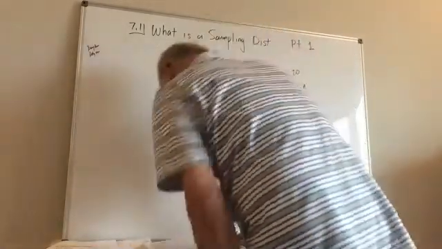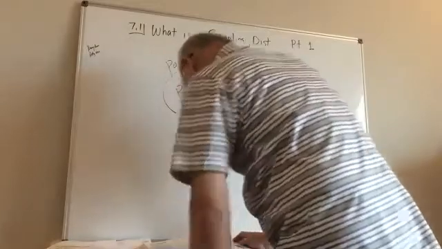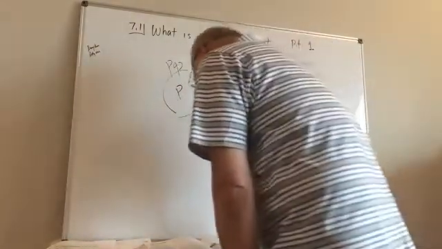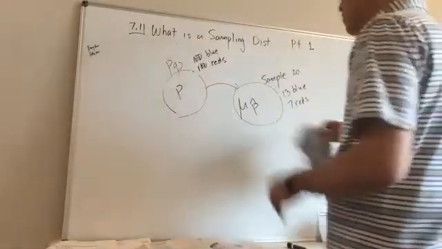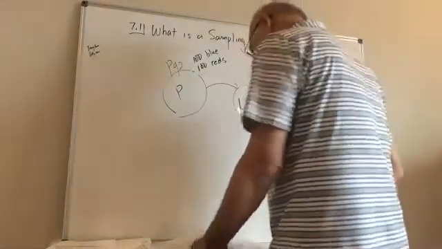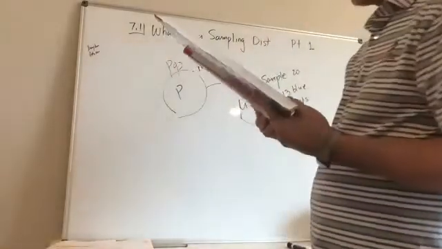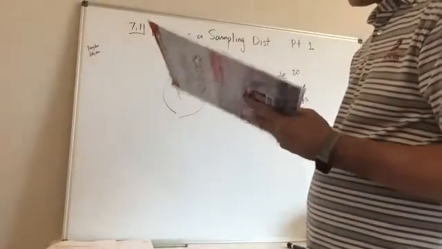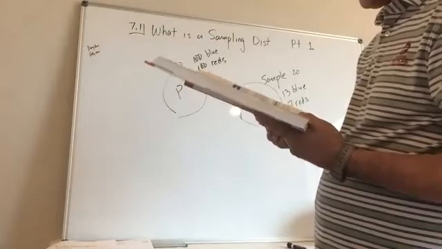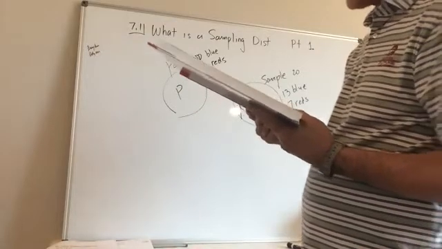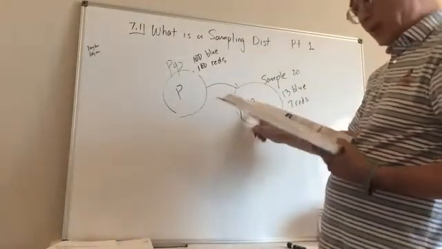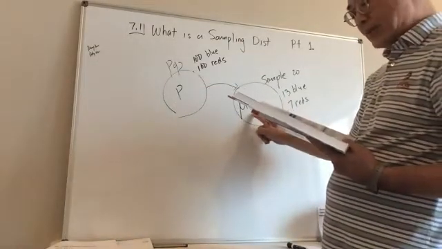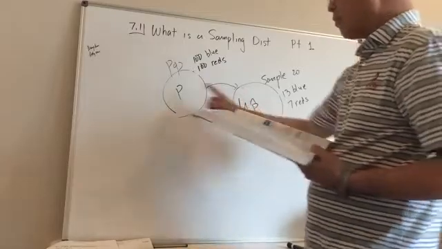If you go to page 448, at the bottom, in the center portion, it says biased and unbiased estimators. Read the definition there. The definition says: a statistic used to estimate a parameter is an unbiased estimator if the mean of its sampling distribution is equal to the value of the parameter.